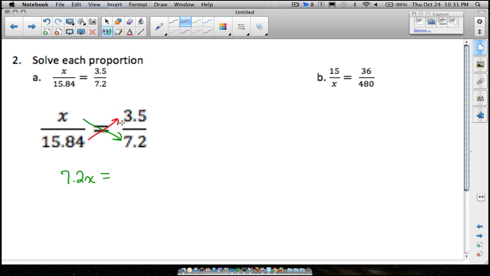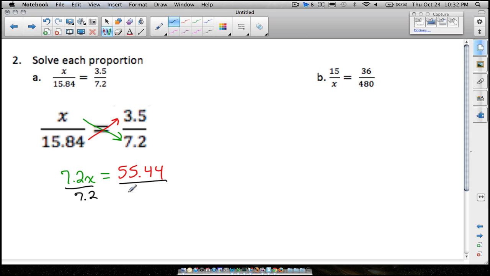Now here, please don't spend too much time trying to multiply this. I'm grabbing a calculator right now. 15.84 times 3.5, that's 55.44. So from here we want to solve for x, so we divide both sides by 7.2.